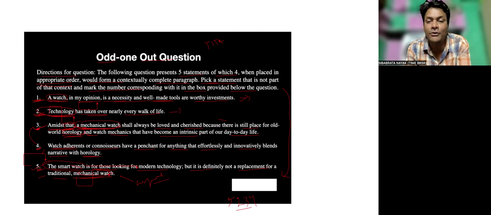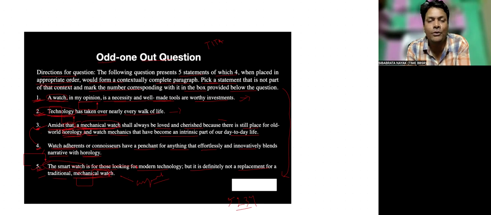So therefore, 5, 2, 3, 4 would be the proper order, which argues on the topic of how the mechanical watch still holds that reputation even with the smartwatch that has the technology, right?